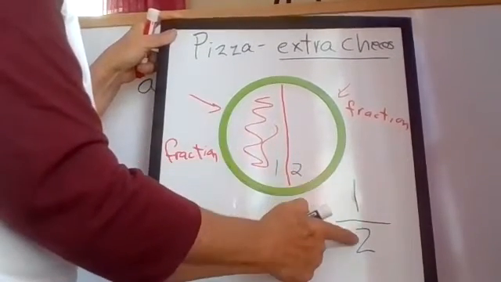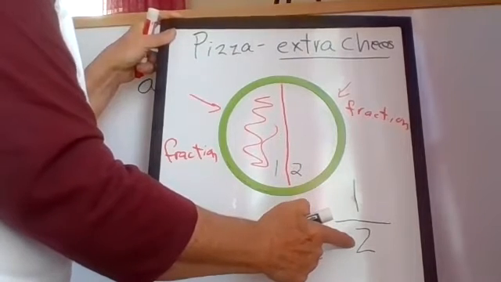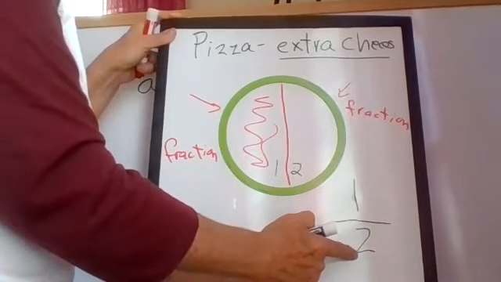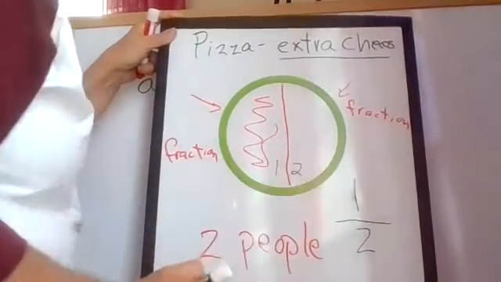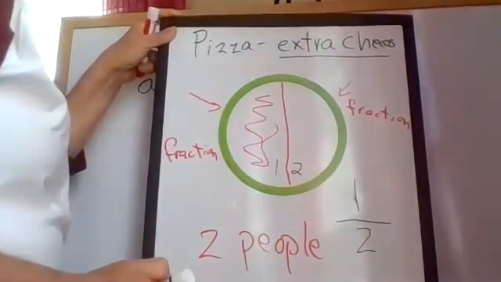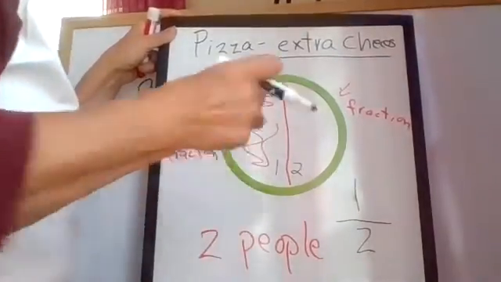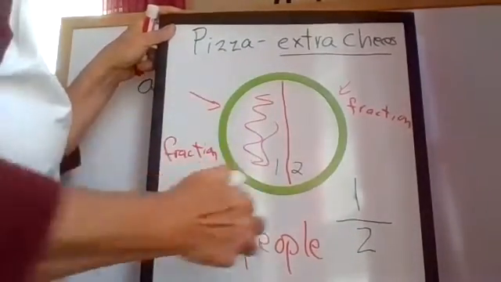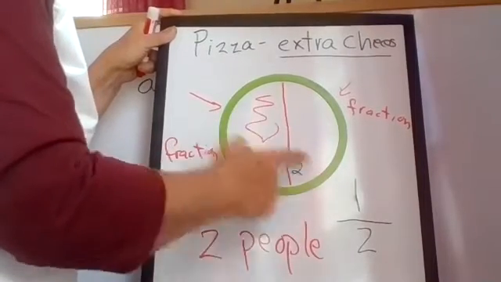Now, we say this word, this number here, this is called a fraction. The bottom number tells us how many equal pieces, they must be equal. The top number tells us how many are left in that piece or that whole, or how many did we take away. In this instance, we took 1 away, but we still have 1 left.